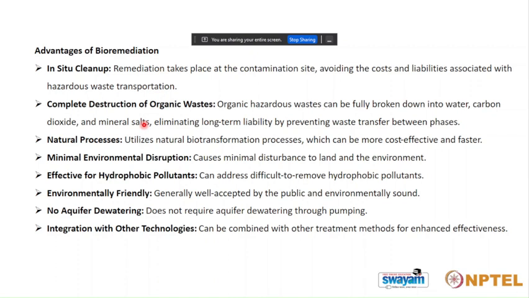And bioremediation is effective in the case of hydrophobic pollutants, which are hard to remove with other treatment processes. And these processes are environmentally friendly. And there is no need for dewatering.